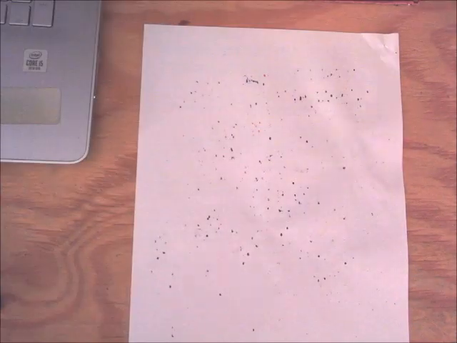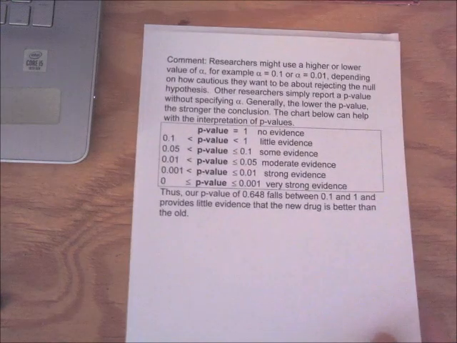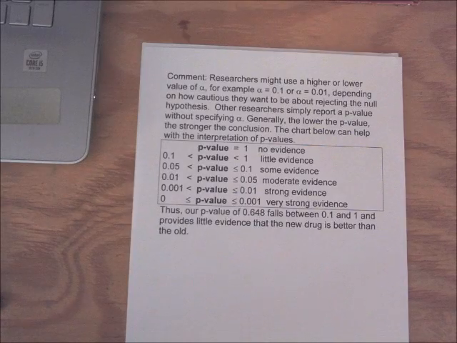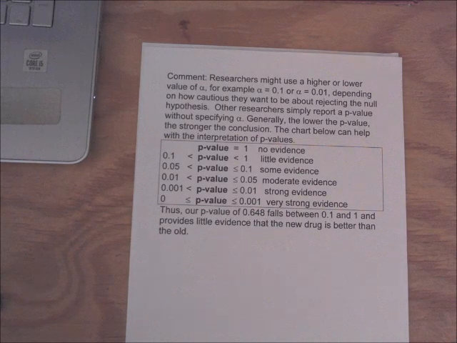Okay, so as a comment, researchers might use a higher or lower value of alpha, for example 0.1 or 0.01, depending on how cautious they want to be about rejecting the null hypothesis. Other researchers simply report a p-value without specifying alpha. Generally, the lower the p-value, the stronger the conclusion.